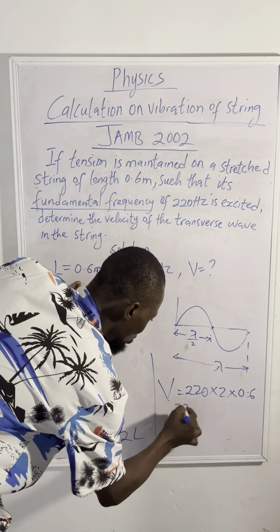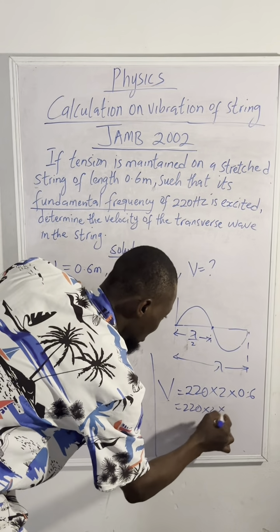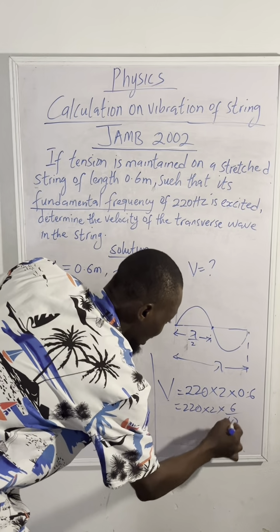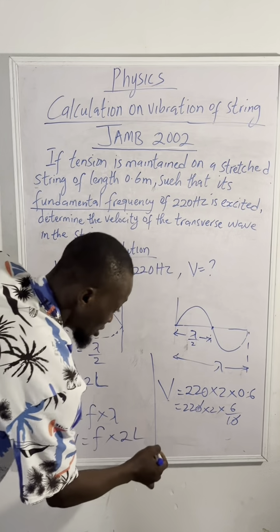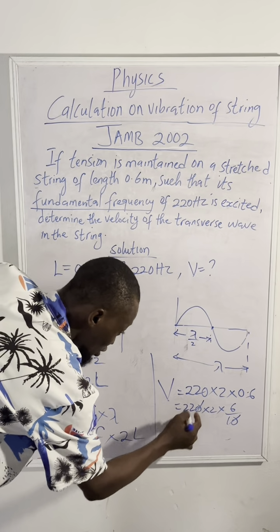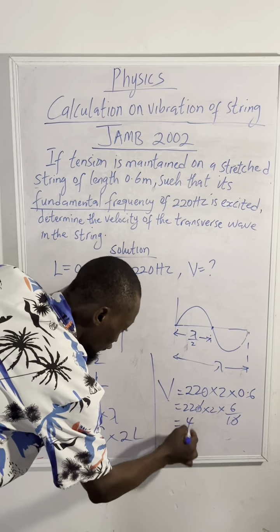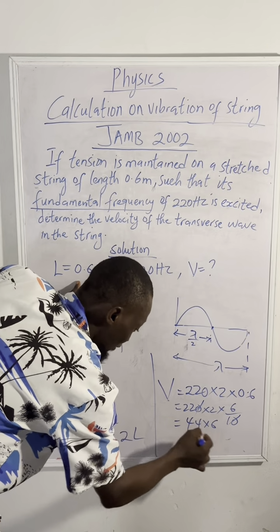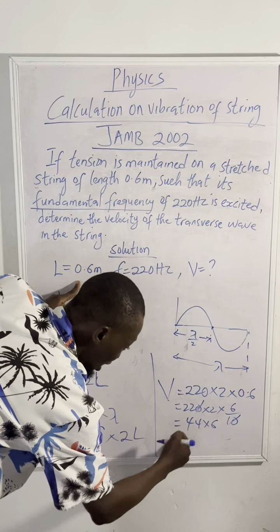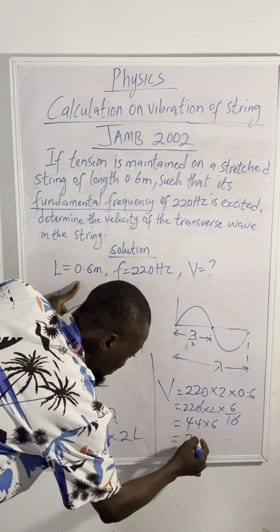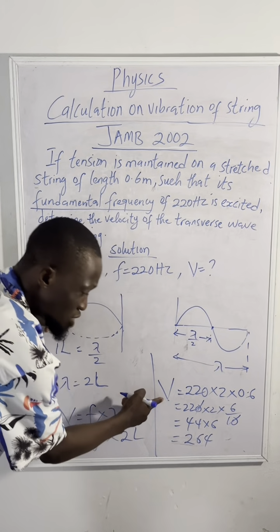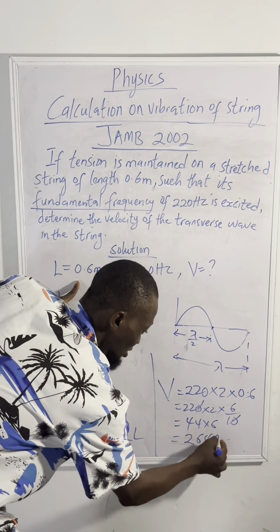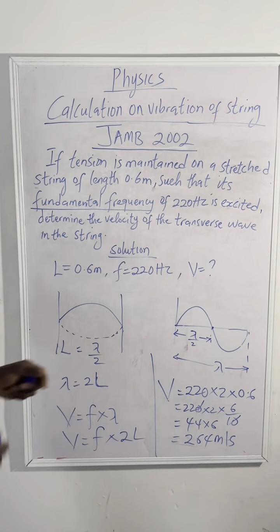Then I can say 220 times 2 times 6 over 10, and this is going to cancel this. So I'm going to have 22 times 2, that's 44, times 6, which gives us 264. And what is the unit of velocity? That is meter per second. So that is our answer.